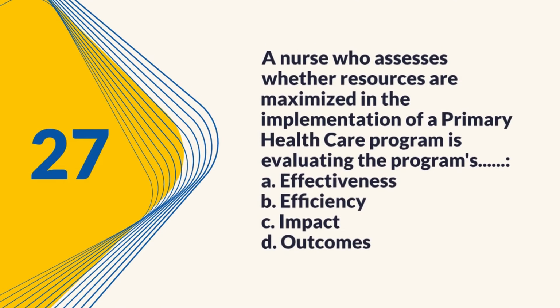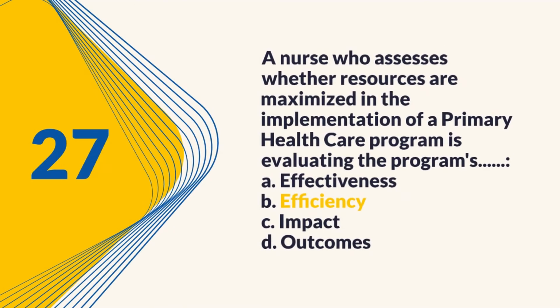27. A nurse who assesses whether resources are maximized in the implementation of a primary healthcare program is evaluating the program's A, effectiveness, B, efficiency, C, impact, D, outcomes. Answer is B, efficiency.